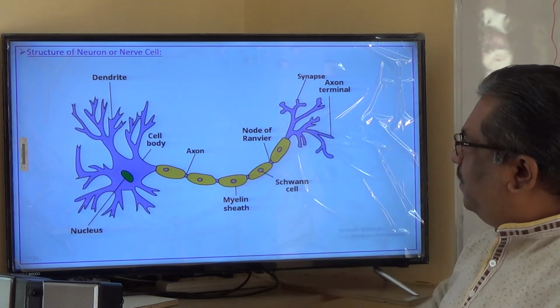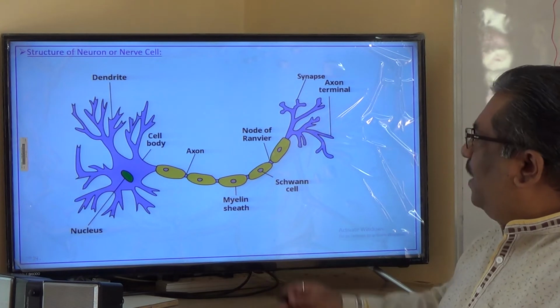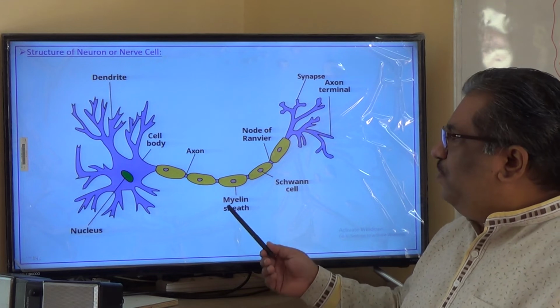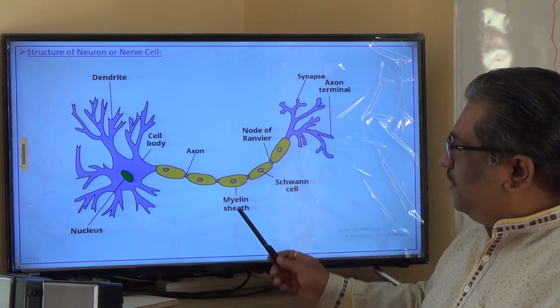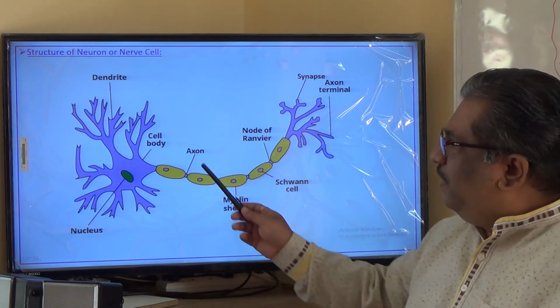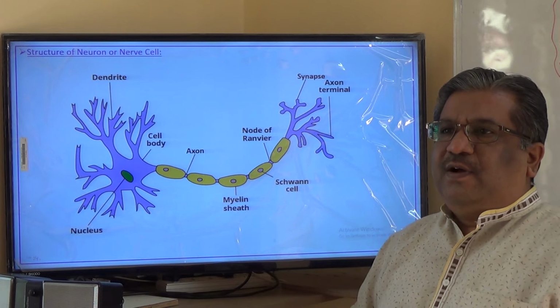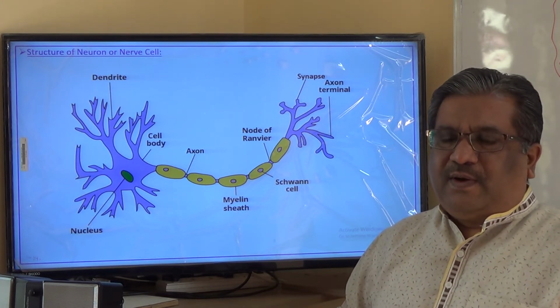Quite simple, and you have to practice this diagram, an important thing, because sometimes you will be asked to enumerate those parts whose functions will be given to you. Are you able to understand?